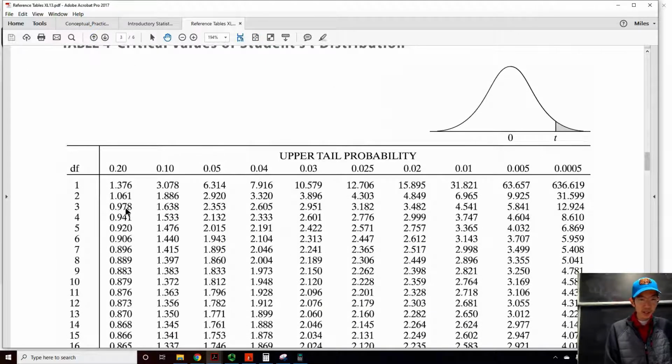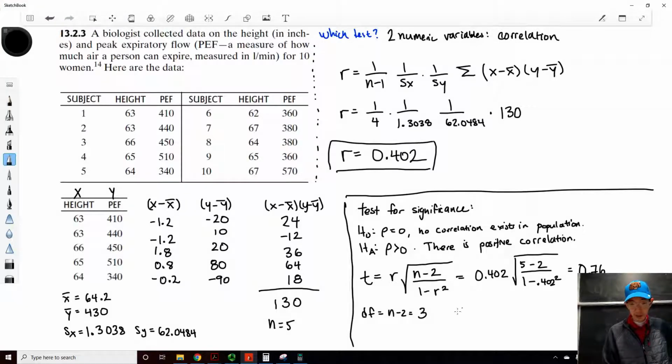The first number here is 0.978, and we're smaller than that. So our tail area is greater than 20%. So our p-value is greater than 20%. Do not reject the null hypothesis.